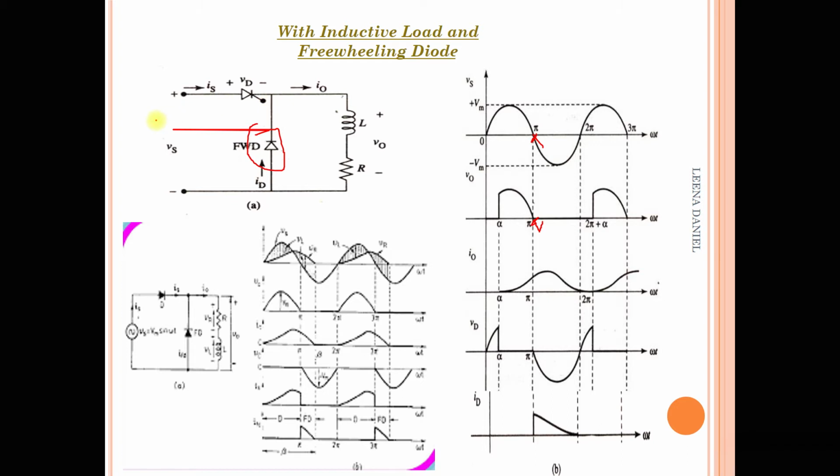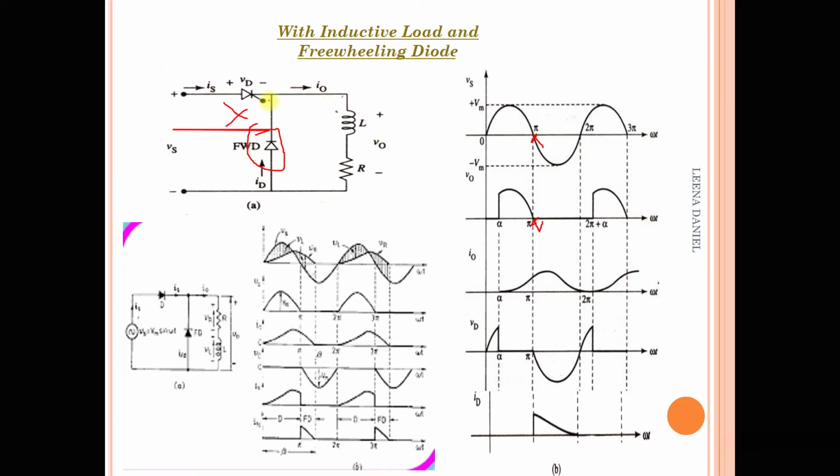When the supply voltage goes in the negative direction, the current in the inductor will flow, because as the thyristor switches off, the current conduction would switch to this freewheeling diode, and this freewheeling diode would give the path to flow this IO current. So IO current would continue to flow through the circuit, through the load.